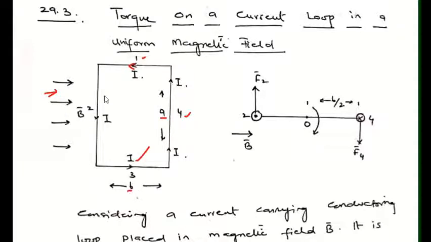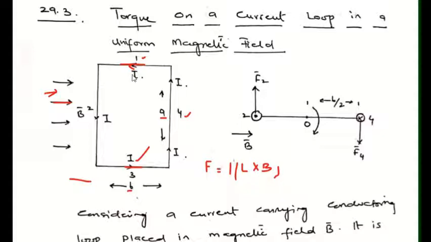So if we look at this figure closely, we'll see that the direction of the magnetic field and the length of segment 1 and segment 3 are parallel to one another. So from the formula that we have seen in article 29.2, it says I into L cross B. When we have a cross product, it means that we will be having sine of theta when we simplify this equation.